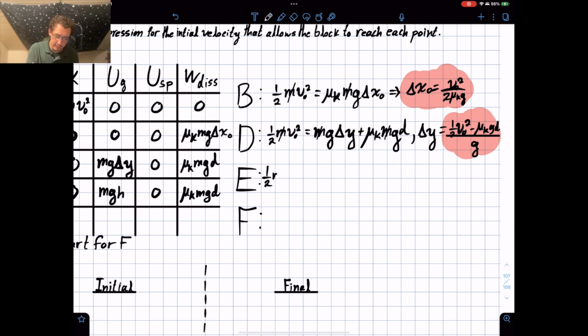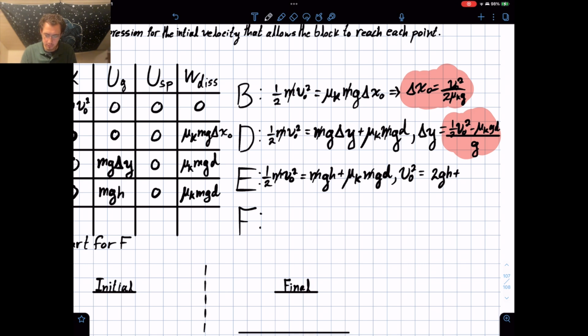1/2 mv0 squared equals mgh plus mu k mgd. M's cancel, and we have that v0 squared is going to equal 2gh plus 2 mu k gd.